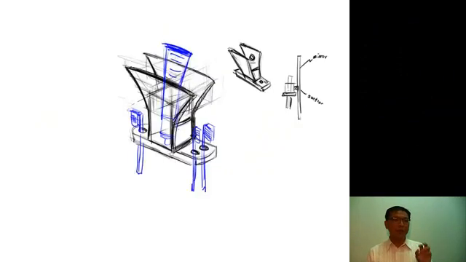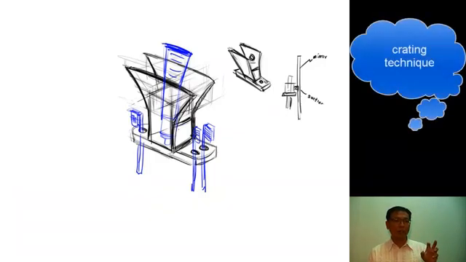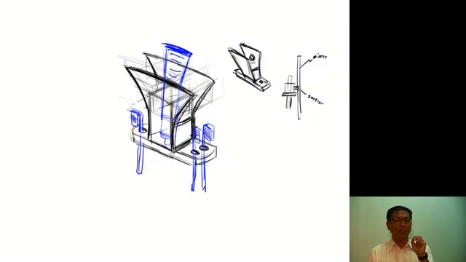The teacher here makes use of this technique of creating to try to draw a three-dimensional object. You notice by the side, there's actually a side view, or an elevation as you call it. This will aid you to think and consider where each part of the object is going to be.